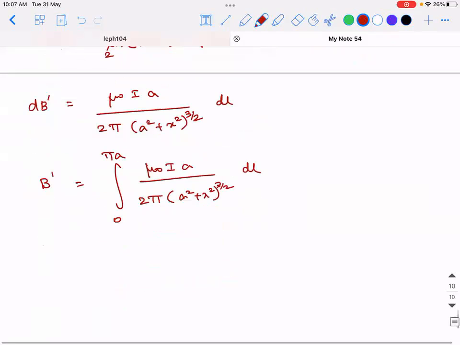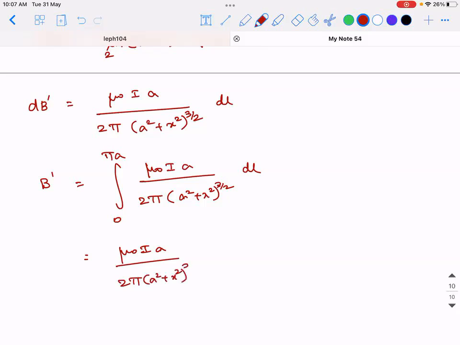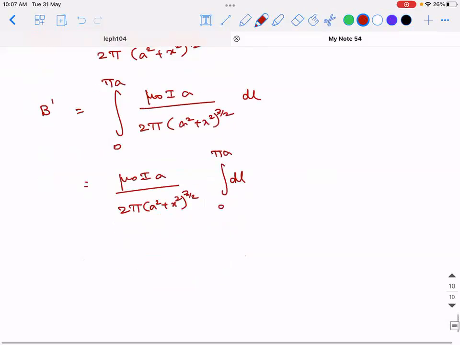Now observe, this is a very simple integration. Take everything out except DL. So you will have mu naught IA divided by 2 pi into a square plus x square, the whole power 3 by 2 into integral of DL from 0 to pi a.